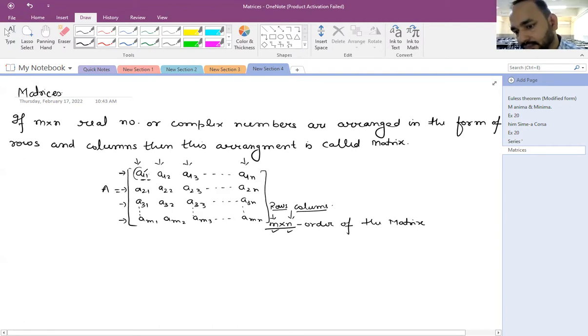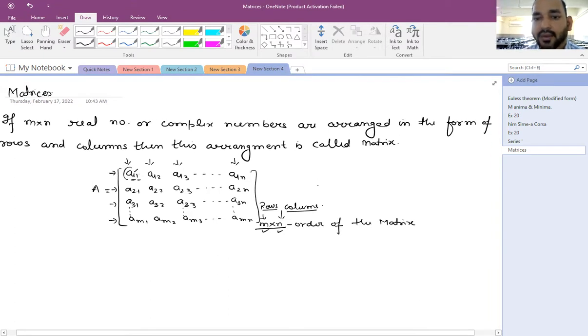I can represent this matrix in a very compact way, Aij, where i goes from 1 to m and j goes from 1 to n. So instead of writing this big, I can write only this much.